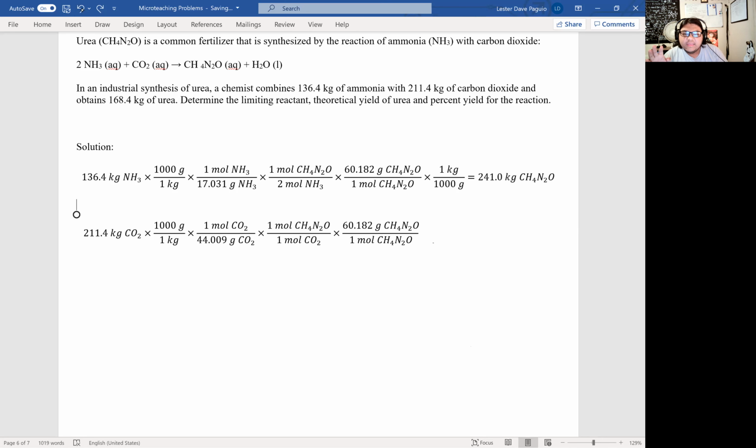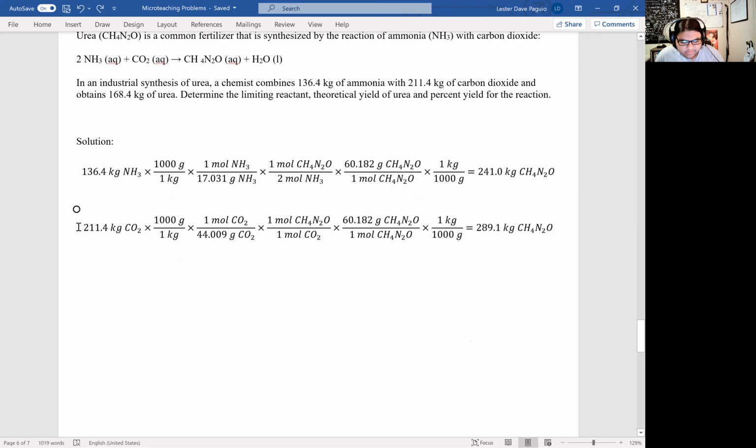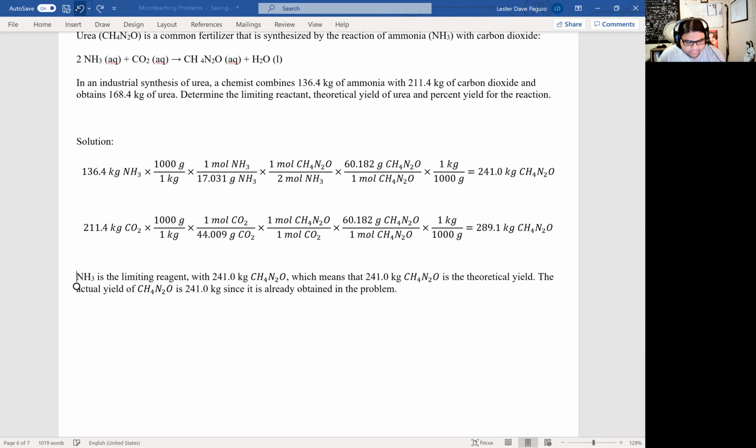So now, by the definition of limiting reagent, the lower value of urea, depending on the amount of each reactant, is the limiting reagent. So the limiting reagent in this case is ammonia with 241.0 kilograms of urea, which also means that 241.0 kilograms of urea is the theoretical yield.